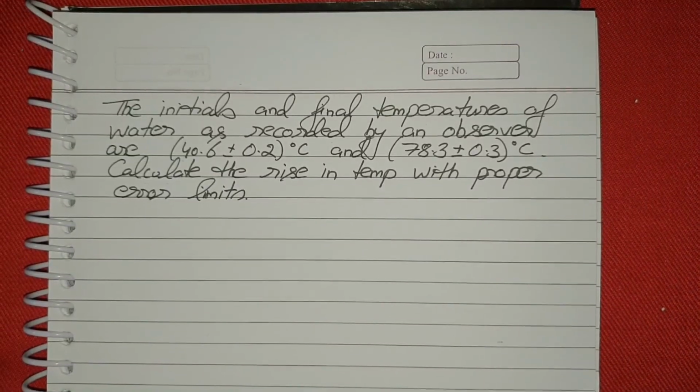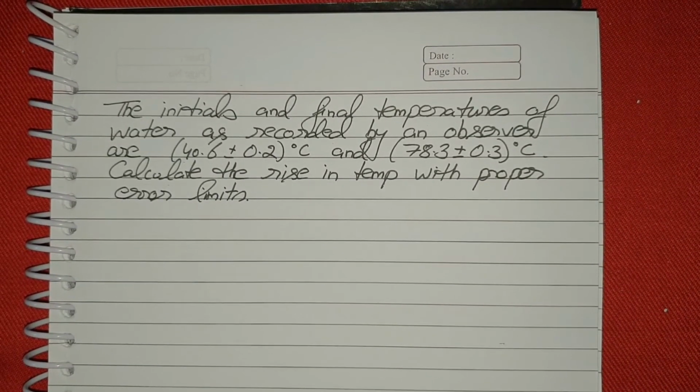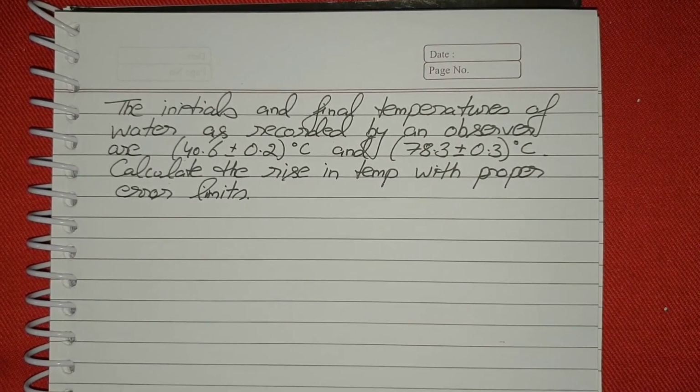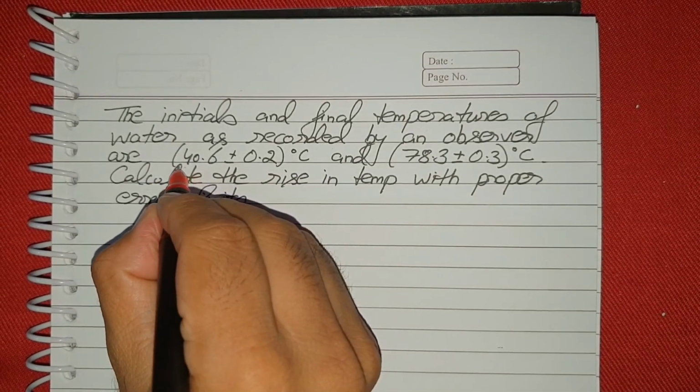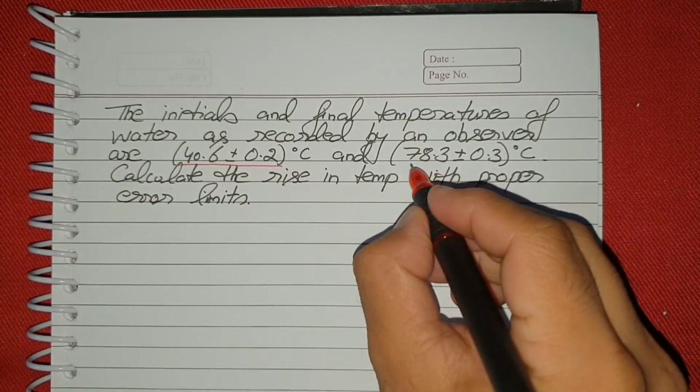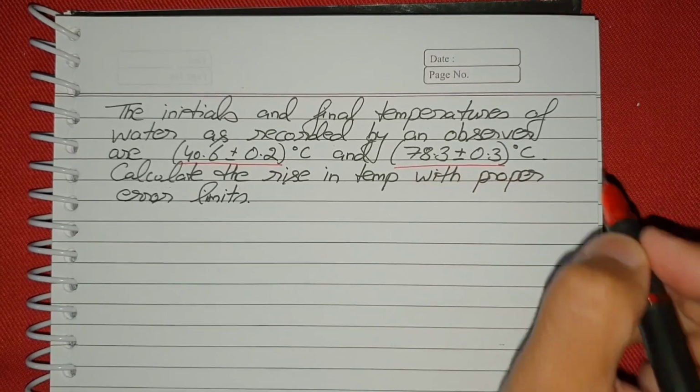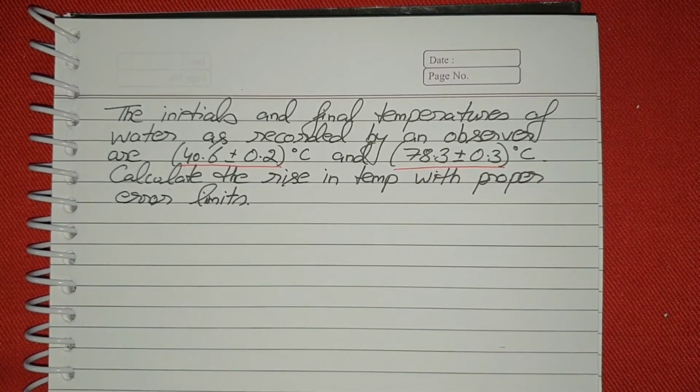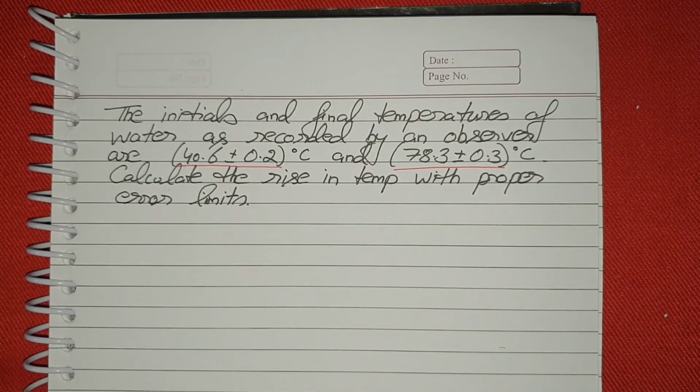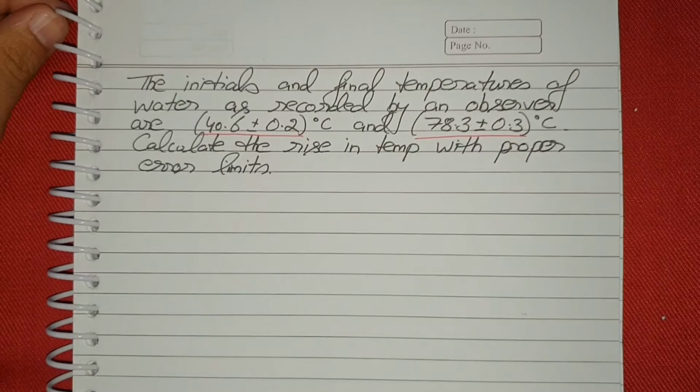Okay. Example: the initial and final temperature of water as recorded by the observer are 40.6 plus minus 0.2 and 78.3 plus minus 0.3 degrees Celsius. Calculate the rise in temperature with proper error limits. Now see, you can write temperature as theta.